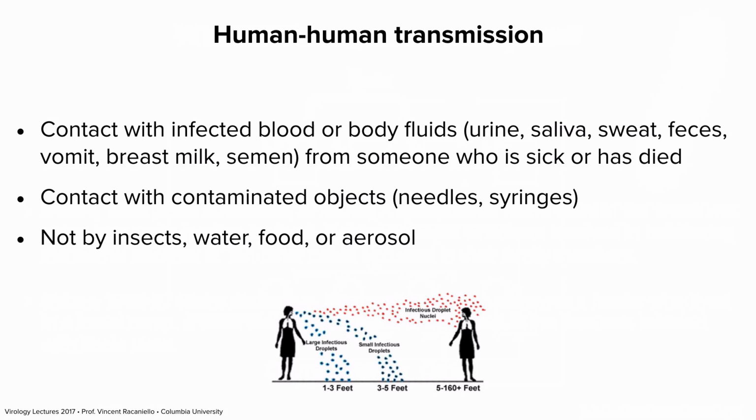It's not transmitted by insects, water, food, or aerosol. During this outbreak, there's a lot of discussion about aerosol transmission, and so it can be transmitted by large droplets. Let's say you are a physician and you're intubating someone who has Ebola, right? If you're not properly protected, when you intubate someone, the fluids are going to splash out of them right into your face.